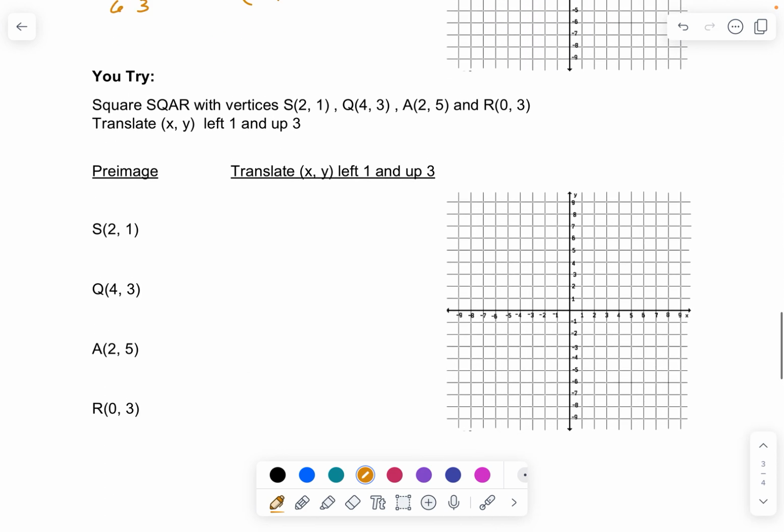Finally, last example, we are going to first graph SQAR. Let's see, S 2, 1, Q 4, 3, A 2, 5, R 0, 3. Oh, this one is small.